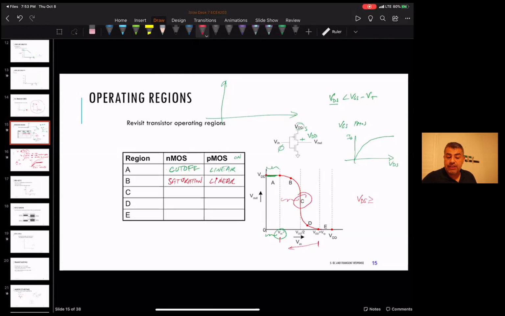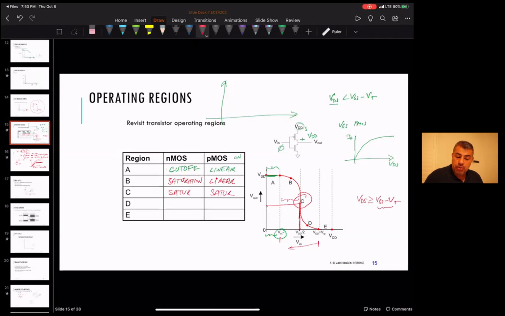Right at C, V in is equal to V out, or close to it. So the drain source is equal to the gate source, but that means that the drain source is greater than V gate source minus a VT. This part, we're subtracting a VT. That means those two things are both in saturation.